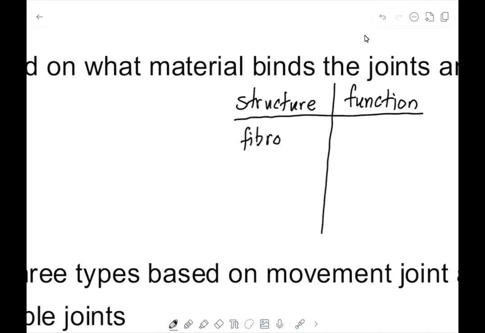Every word that I'm writing in the structural column refers to the substance that is holding or tying the bones together. We'll go over each of these more in depth throughout this chapter.